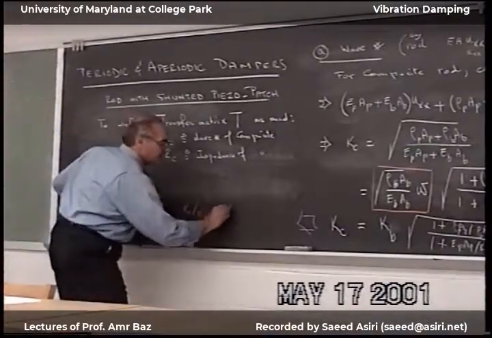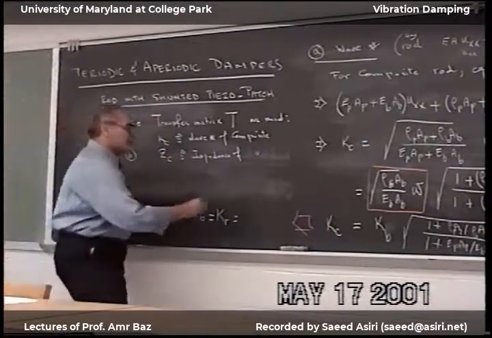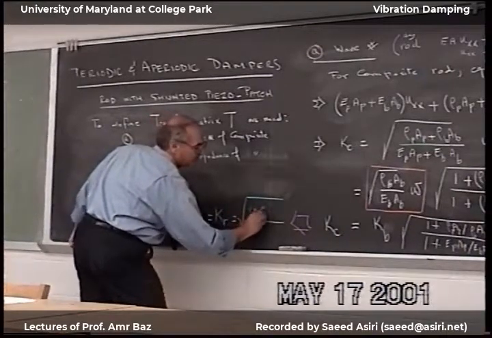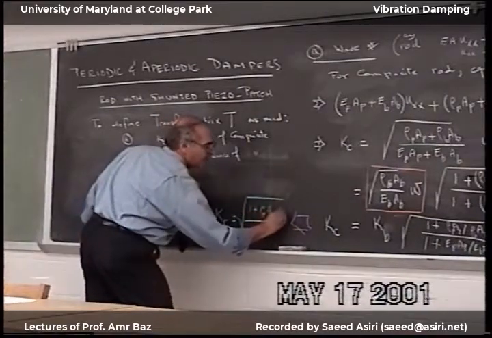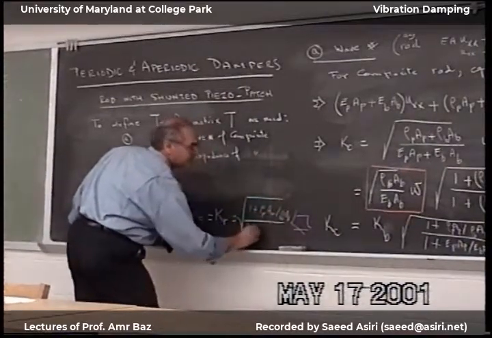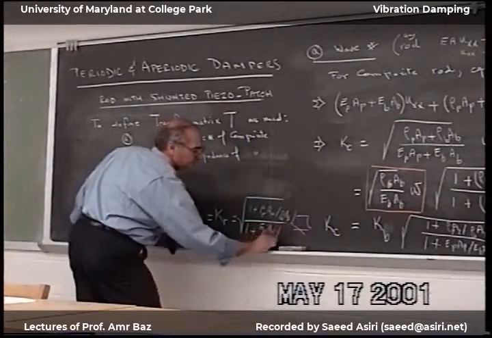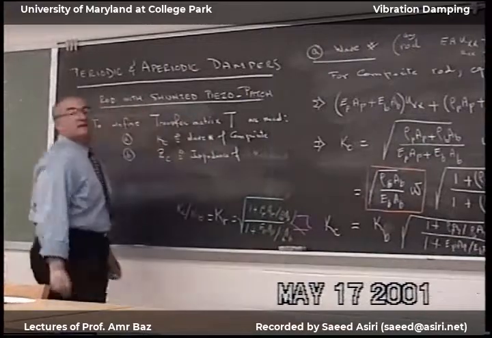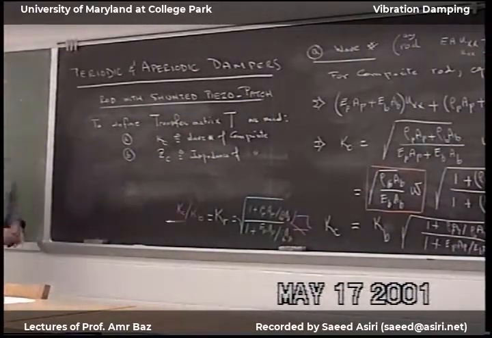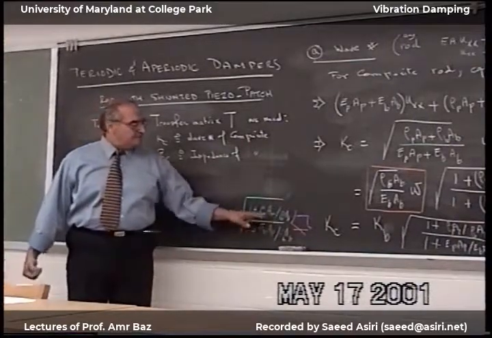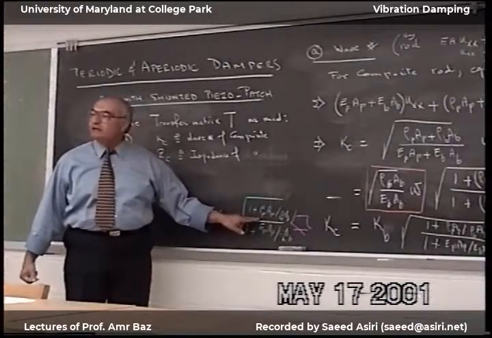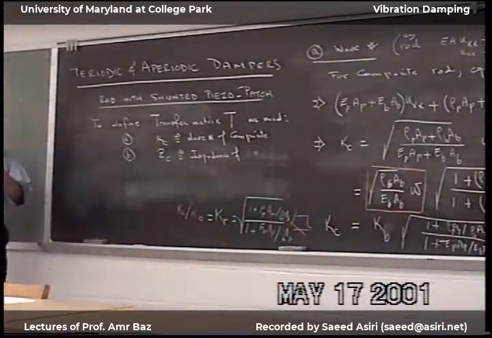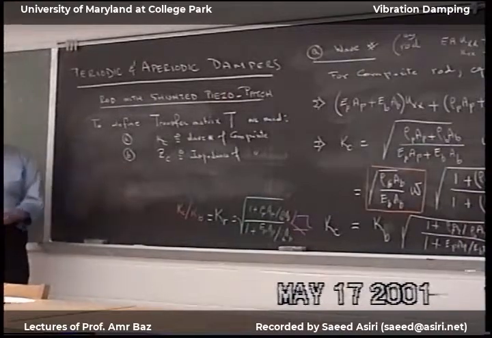So this was K ratio, and this is equal to the square root of 1 plus rho_P A_P over rho_B A_B, over 1 plus E_P A_P over E_B A_B. In the example that I'm going to do, I'm going to use the same density for the rod and the piezo, and the same area, just to make life simple, but we don't have to. You can just use the general equation for all our calculations.